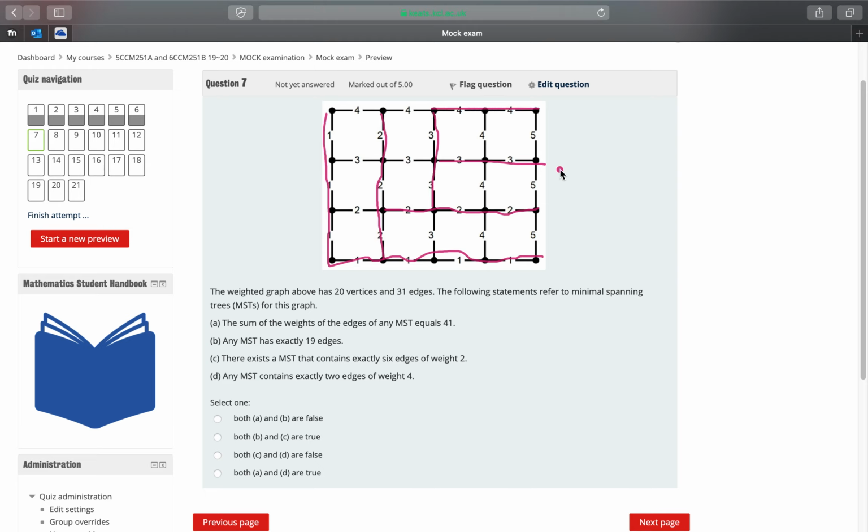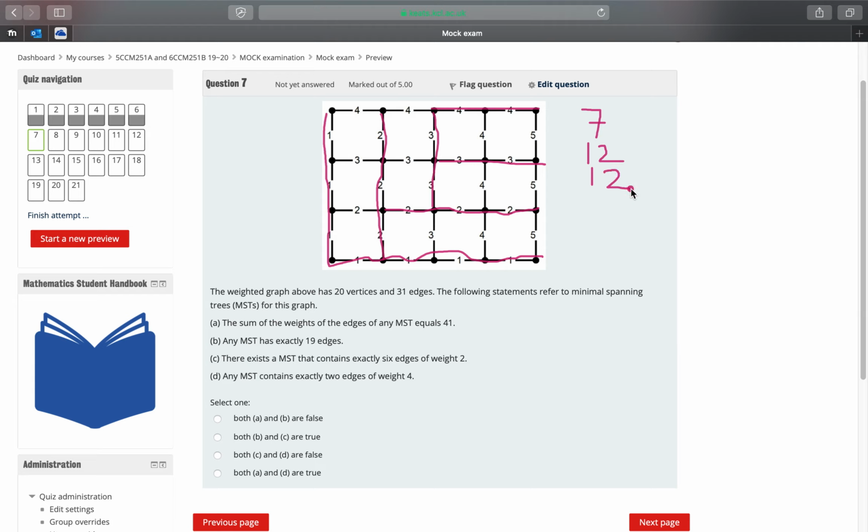Now you have to add up the various weights. So you've got 7 edges of weight 1. How many 2's do we have? We have 6 edges of weight 2, that's 12. How many edges of weight 3? We've got 1, 2, 3, 4, that's another 12.